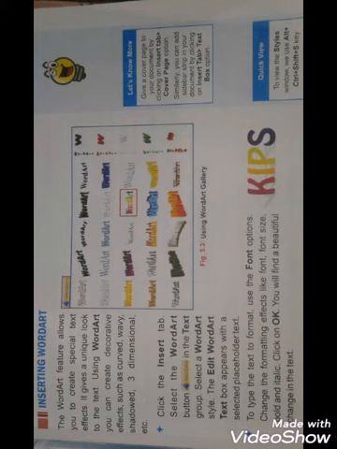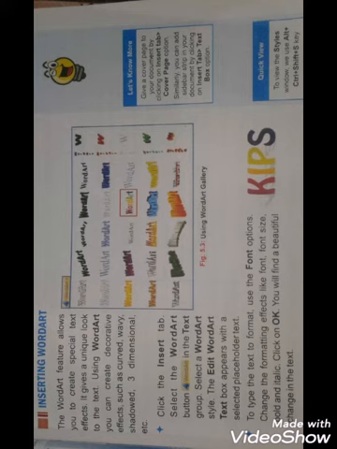First we have to click on the Insert tab and then select the WordArt button in the Text group. Whenever you click on the WordArt button, an Edit WordArt Text box will appear on your computer screen.